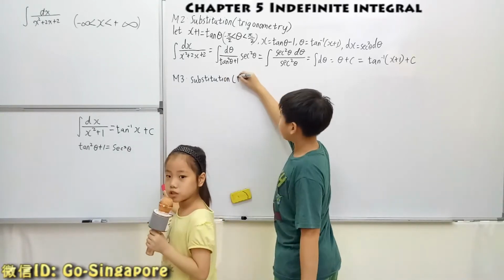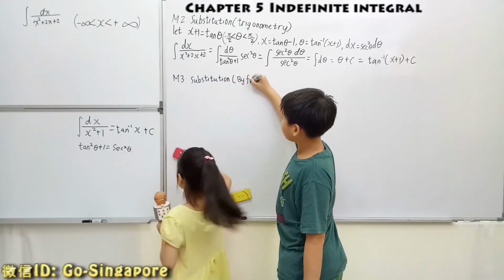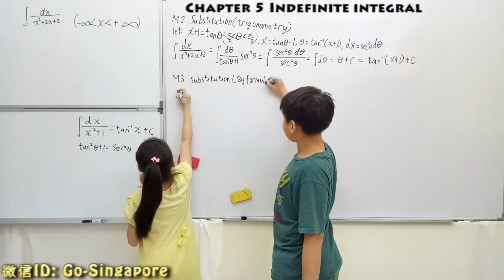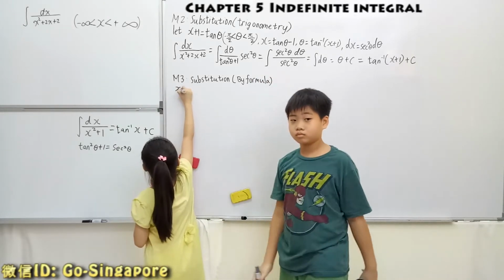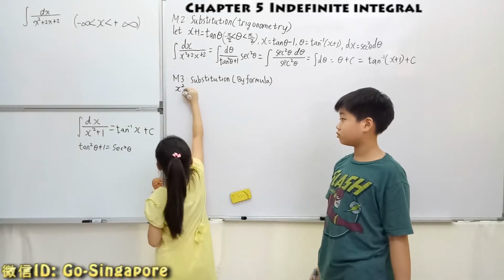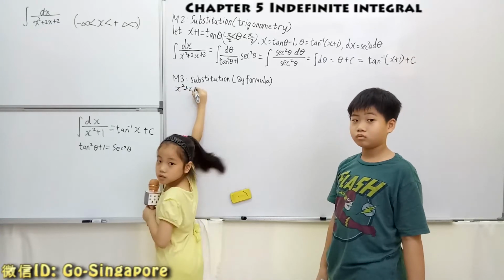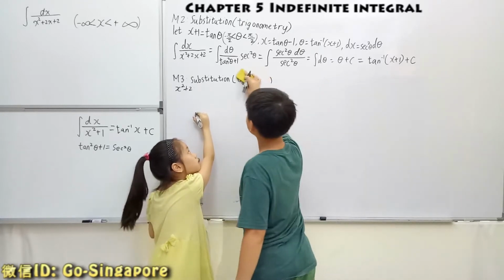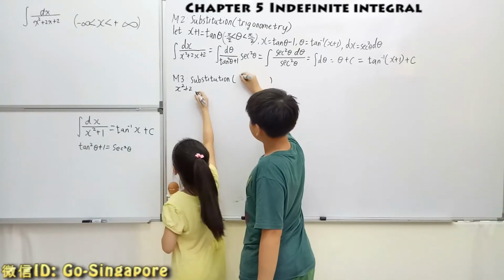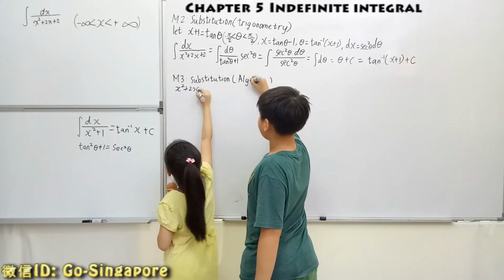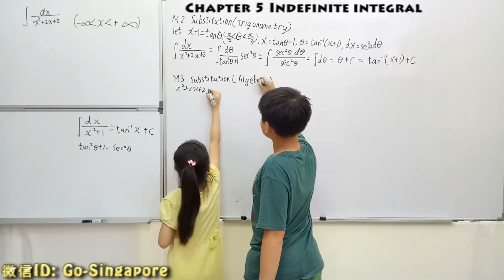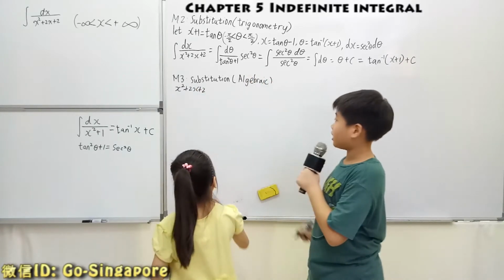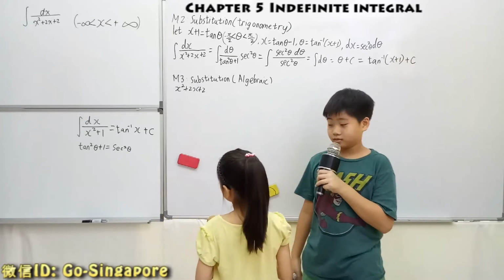First is completing square. And this is the algebraic, right?